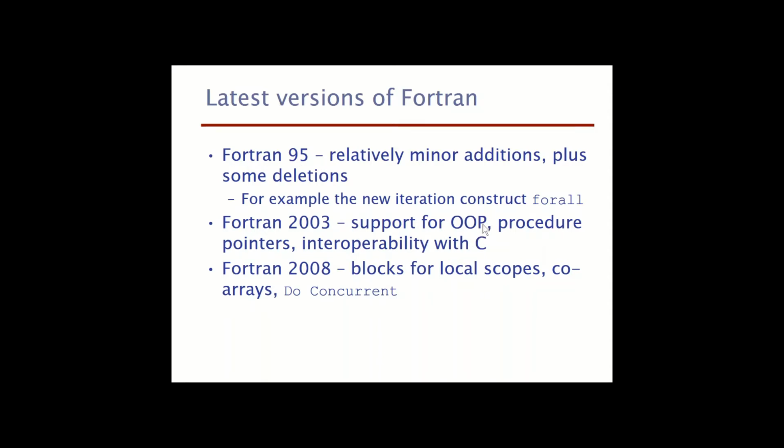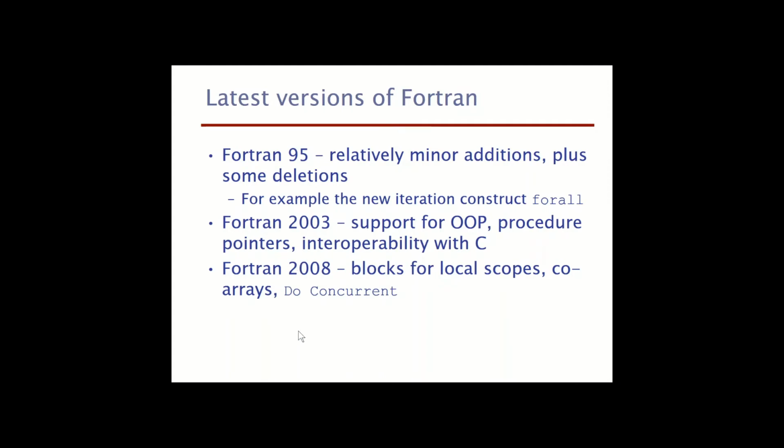Fortran 2003 is exactly the same model as 95, but it added support for object-oriented programming. That's very important. Plus procedure pointers, not just normal pointers, and also interoperation with other languages like C. That was needed at the beginning of 2000. There was a demand for such a thing.